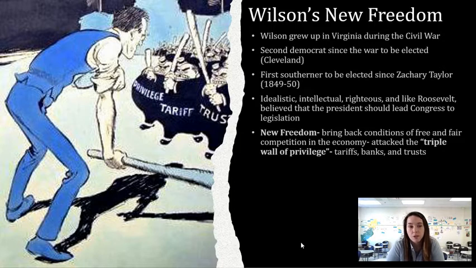It's important for me to make note that he was a white supremacist. The first film to ever be shown in the White House was during his administration, and it was a movie called The Birth of a Nation, which is basically a film about the KKK and glorified the South.